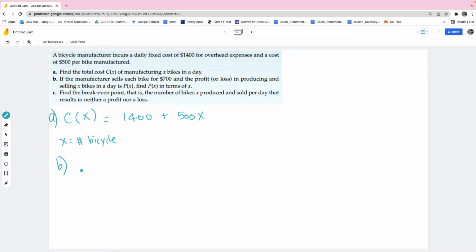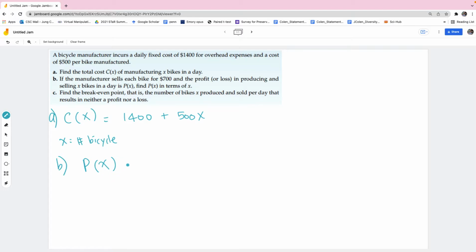Okay, that's part B. If the manufacturer sells each bike for $700 and the profit or loss in producing and selling x many bicycles in one day is P of x, so that is a profit depending on the number of bicycles, right? If you sell more bicycles, you're going to get more money. So that is P of x.